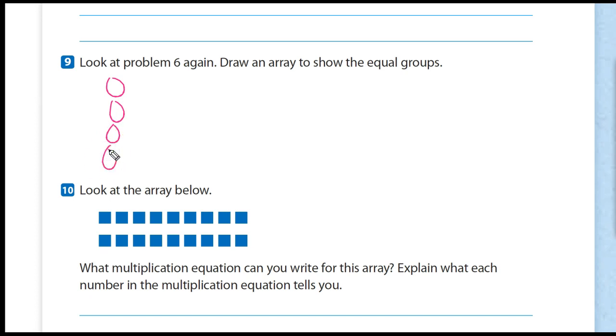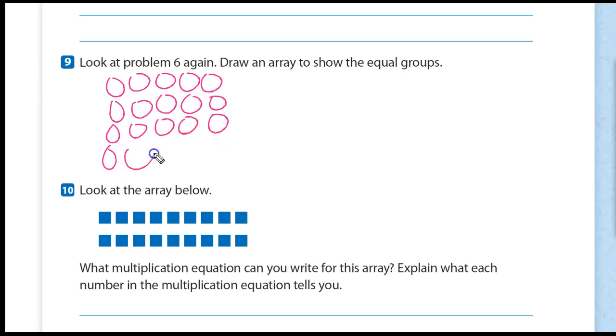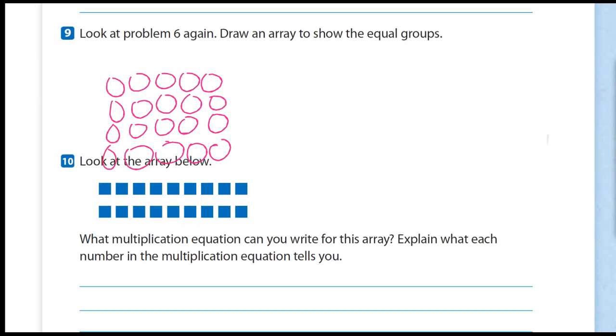And then how many in each row? 5. I already have 1 there, so that's 2, 3, 4, 5. That's my array.